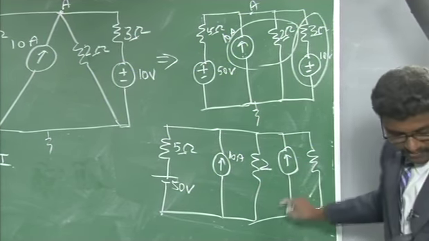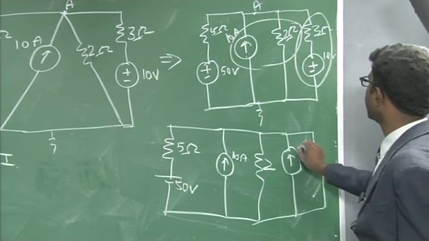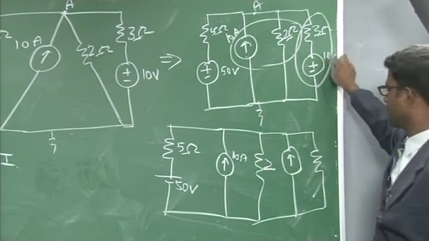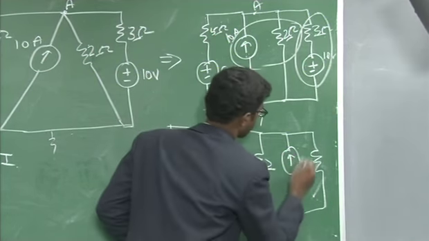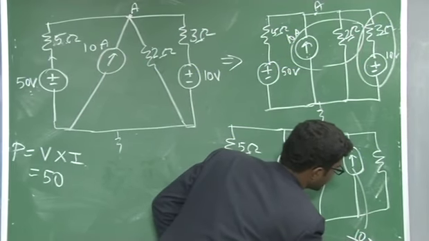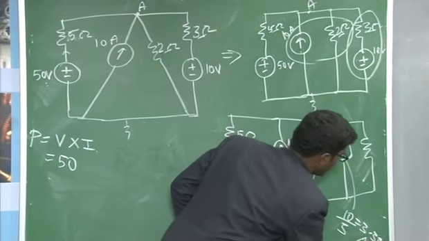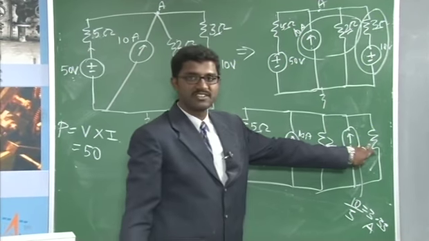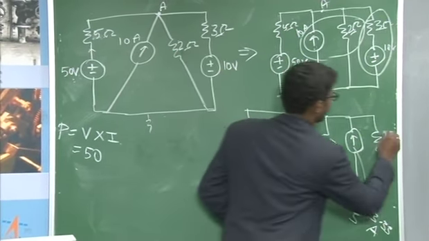So the magnitude of this current will be I is equal to V by R, that is 10 by 3. The value of this current source will be 10 by 3, which is nothing but 3.33 amps. So the value of this resistance will be equal to 3.